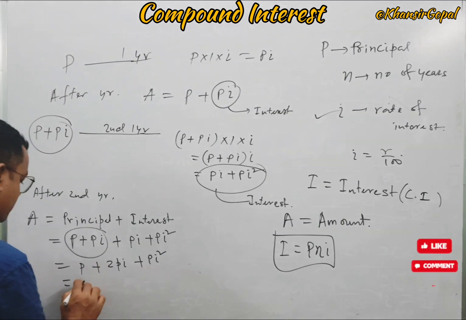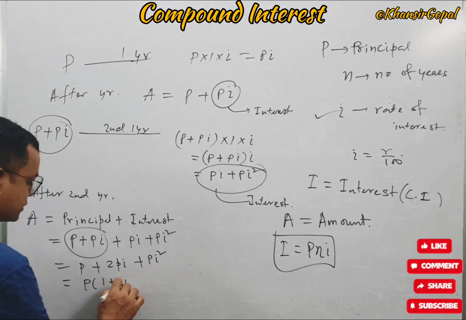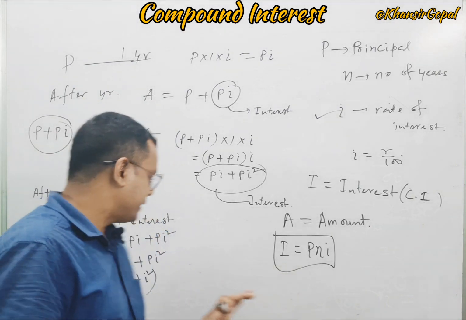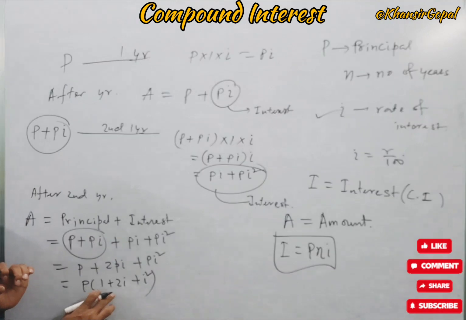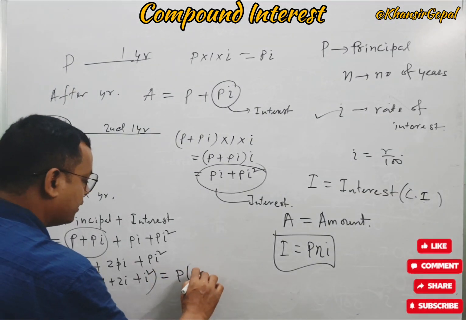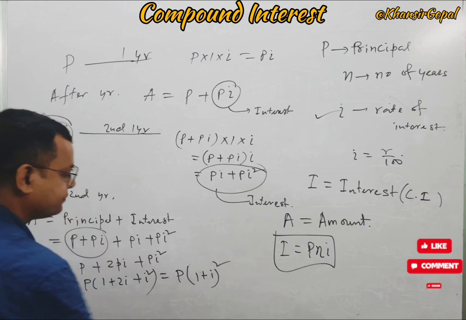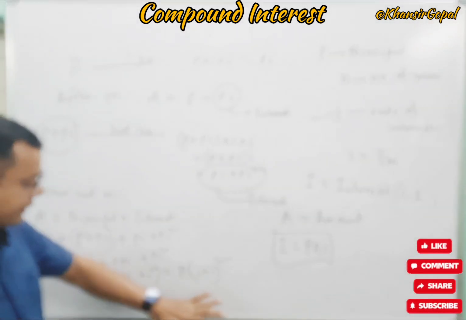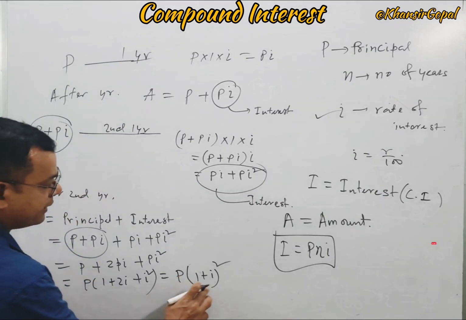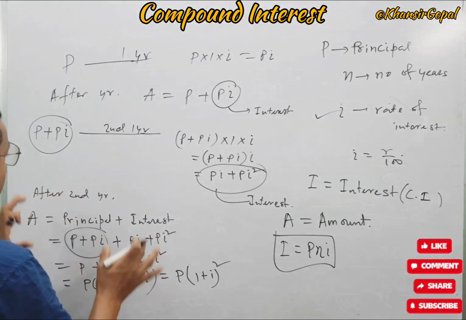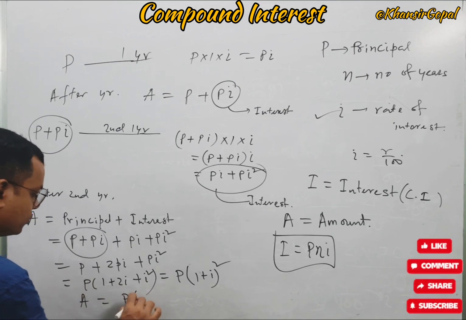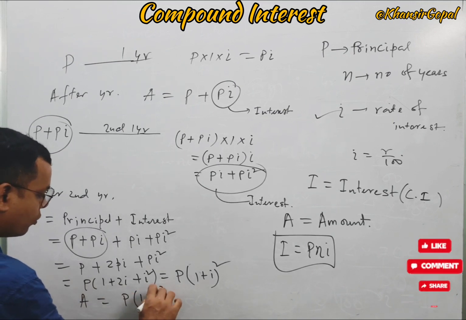So can I write, taking P common, 1 plus 2I plus I square. Now see, you are getting P into 1 plus 2I plus I square, so can I write P taking common, 1 plus I whole square? Yes. Now you are getting A equals P into 1 plus I whole square.